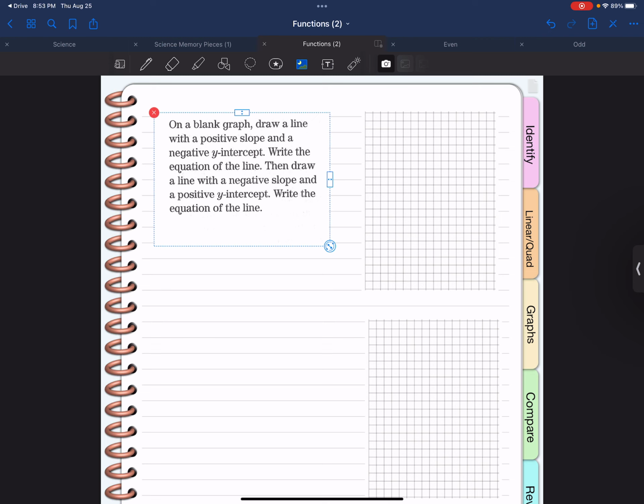It says on a blank graph, the first thing we're supposed to do is draw a line with a positive slope and a negative y-intercept and write the equation of the line. And then the second thing we're supposed to do is draw another graph with a negative slope and a positive y-intercept and write the equation of the line. So we have 2 different assignments here.